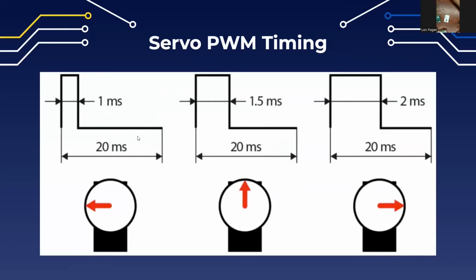The duty cycle in this case is 5%, and it's going to be at this position. At the next, 1.5 divided by 20, 7.5 I think, it's going to change to this position, and then at 10% it's going to change to this position.